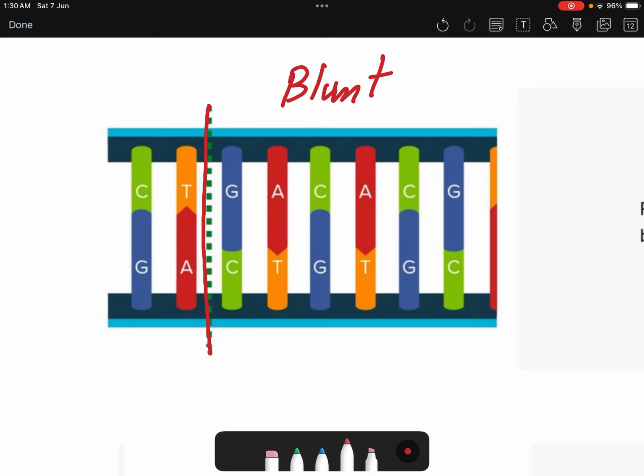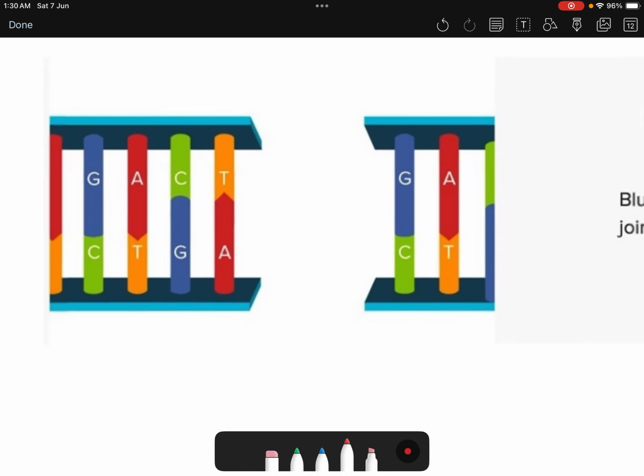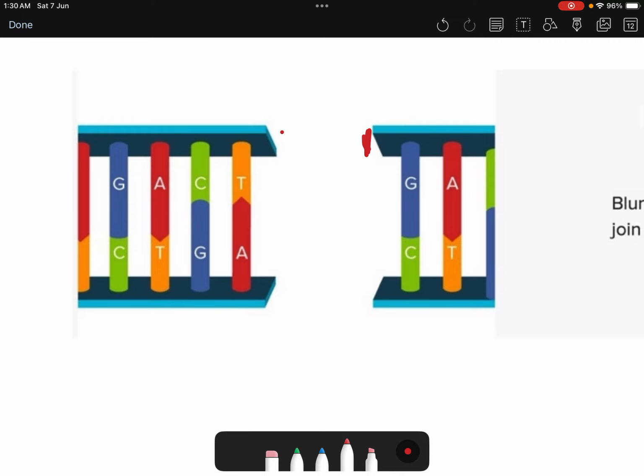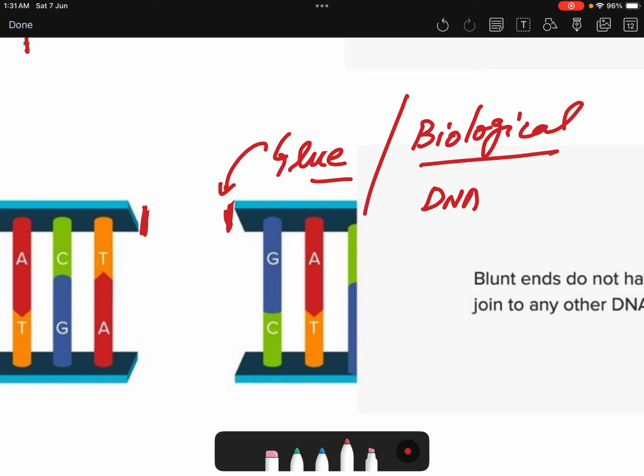Blunt means rough. So you produce these two ends, and when you want to stick this end with this end, of course you are going to put a glue, and the biological glue we studied is the DNA ligase.